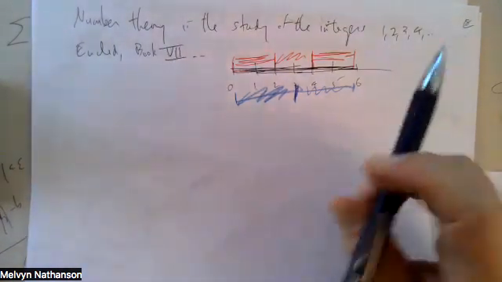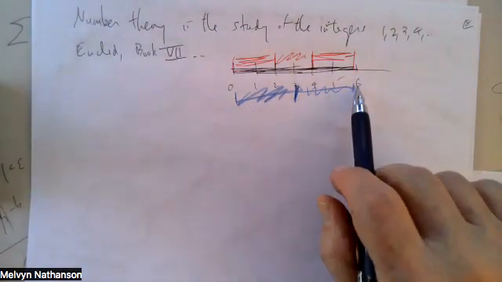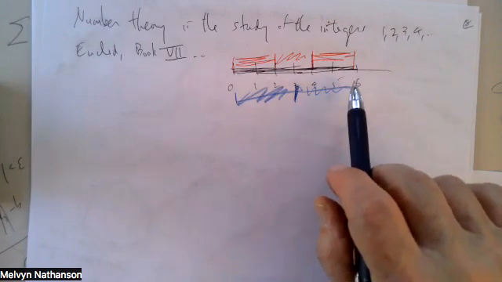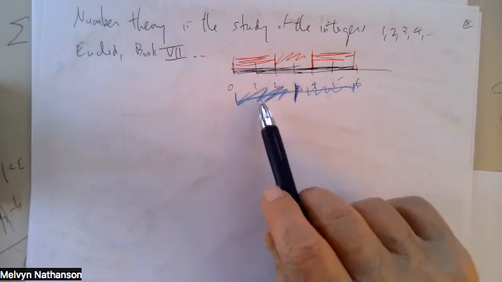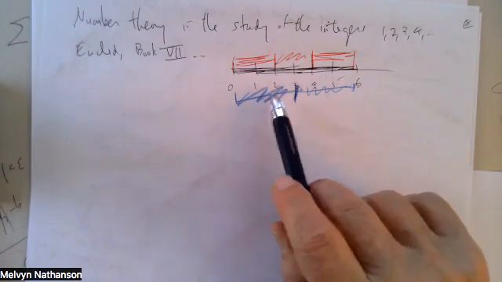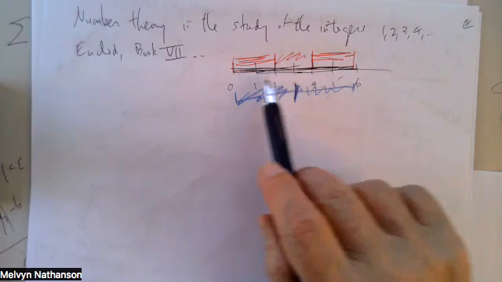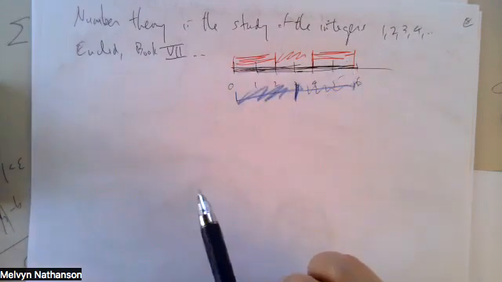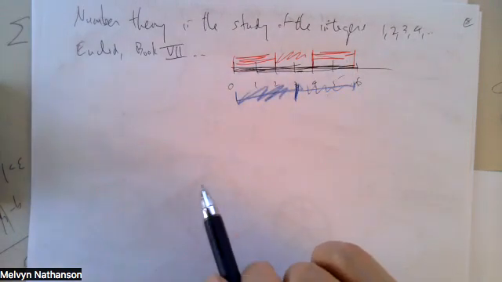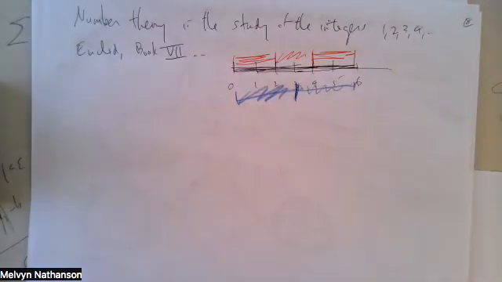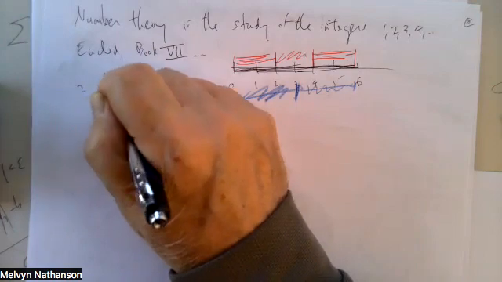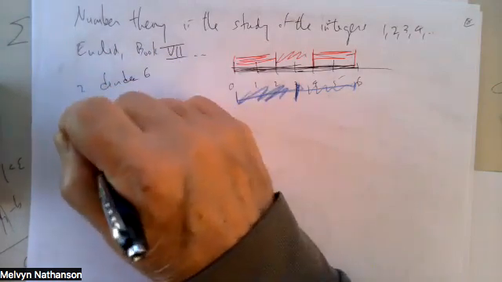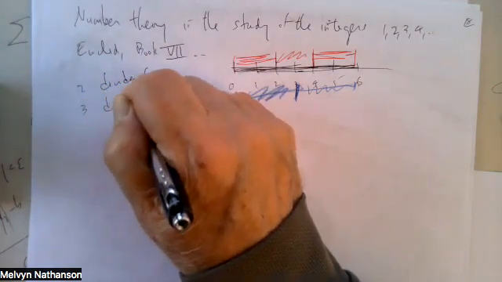So I can divide the line segment up like this, or if you like, the number 6 is measured: it's twice 3, or it's 3 times 2, right? Or in modern language, we would say 2 divides 6. 3 divides 6.